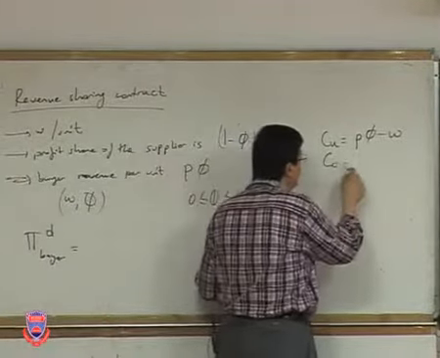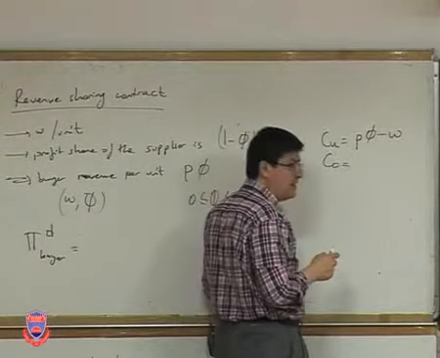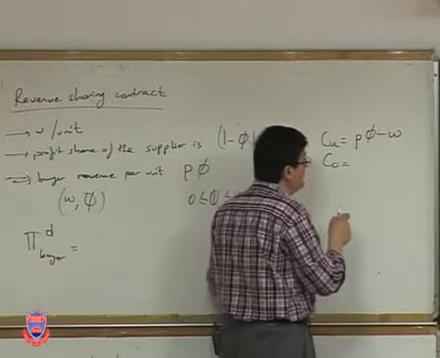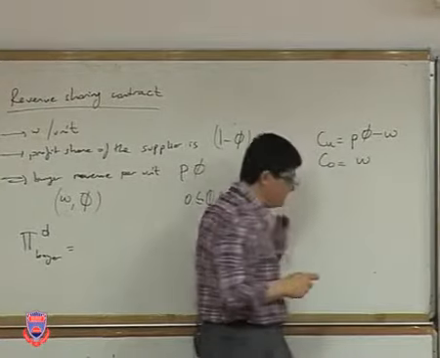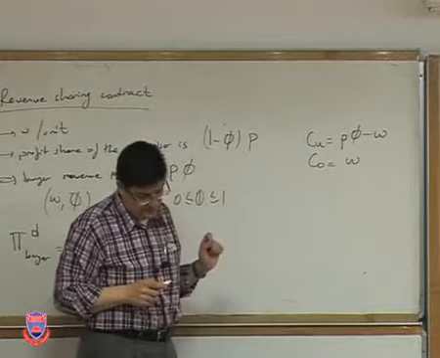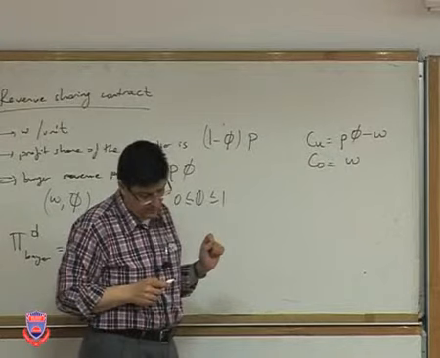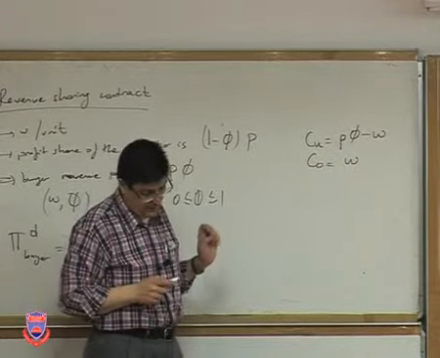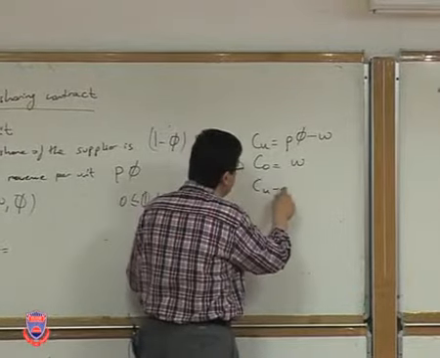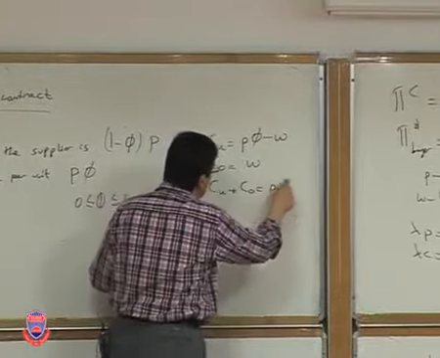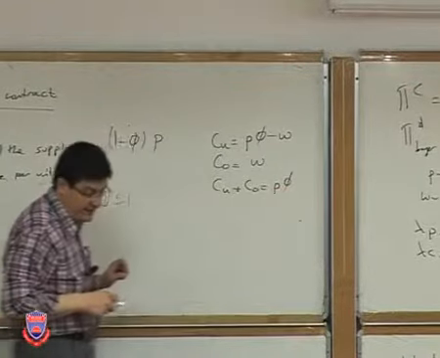And cost of overage, excuse me, is going to be simply W. Okay, and as a result, cost of underage plus cost of overage is going to be P times phi.